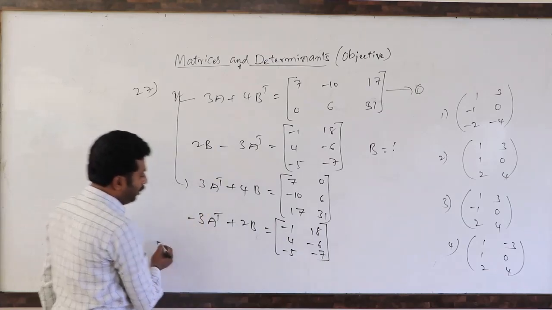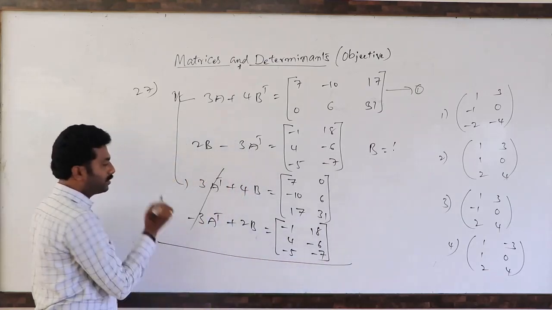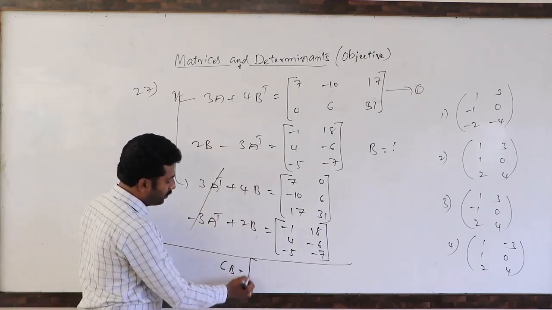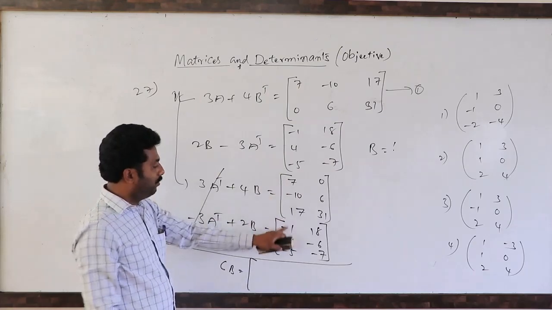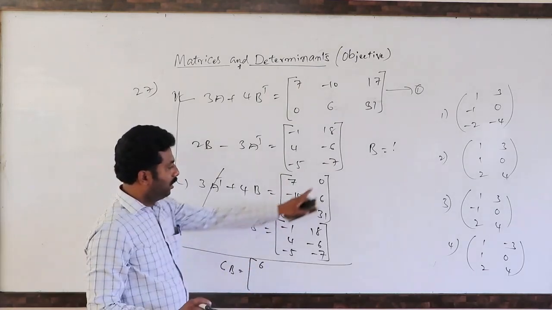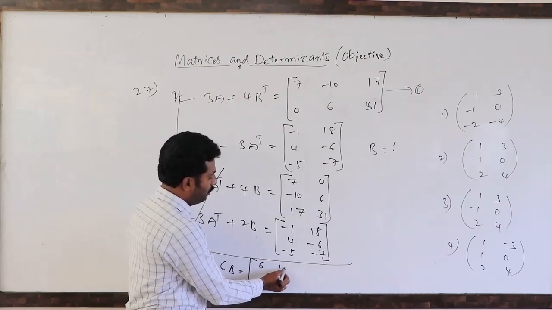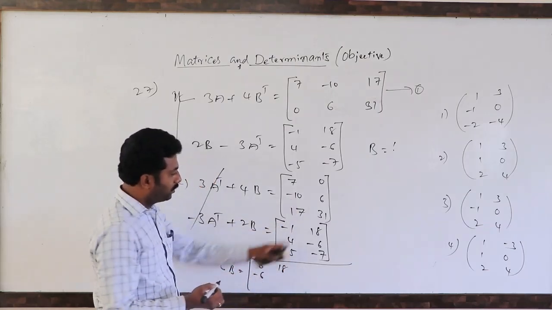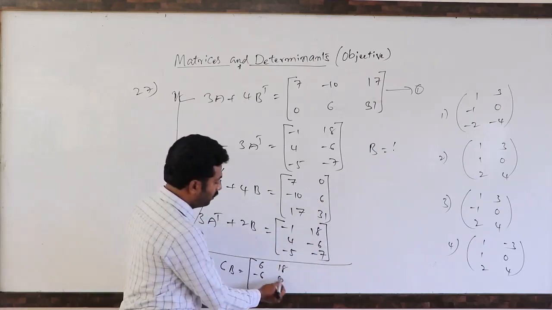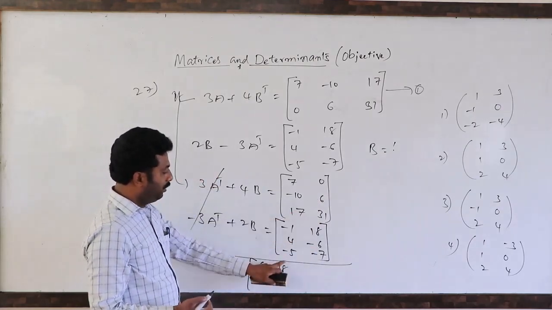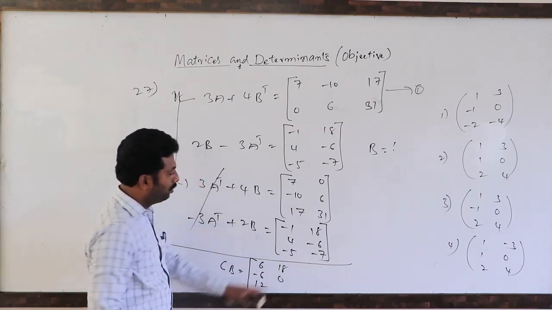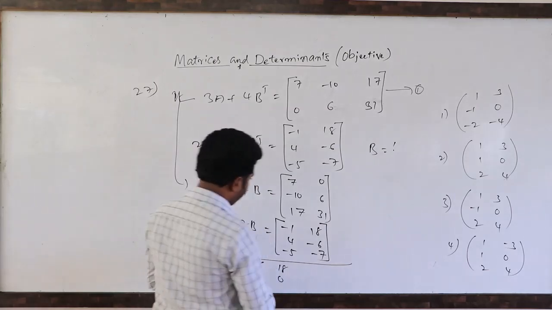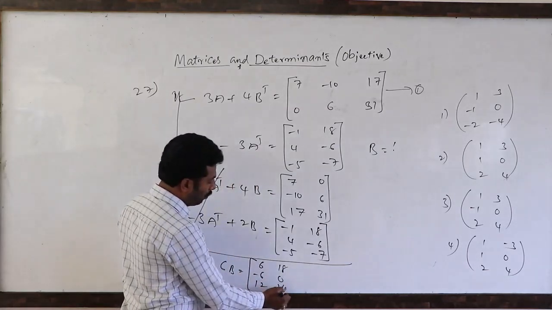So if you add these two equations, these two cancel. 4B plus 2B means 6B, just by adding. See, 7 minus 1 is 6, 18, minus 10 plus 4, minus 6, 6, minus 6, 0, 17, minus 5, 12, 31, minus 7, so it will be 24.